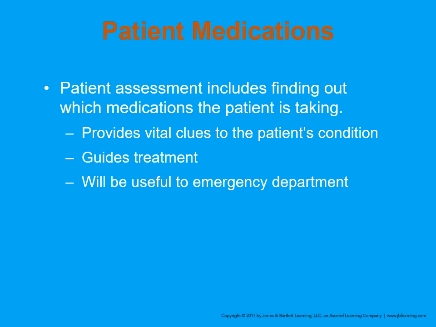Discover what the patient takes and transport the medications or a list of them with you to the emergency department. Also ask about any non-prescription drugs such as over-the-counter, herbal, or illicit street drugs.